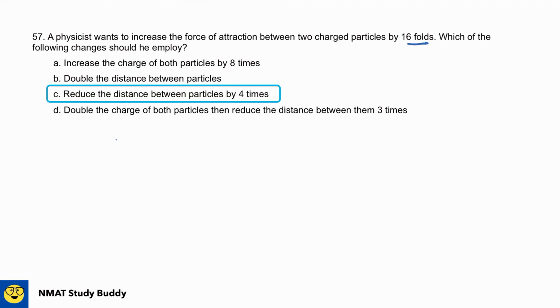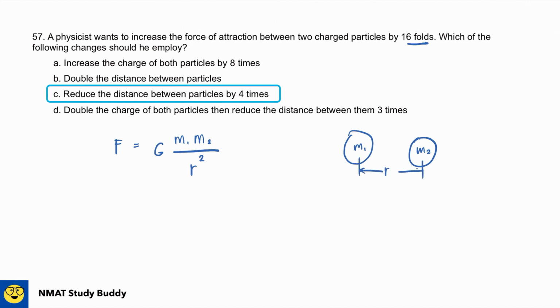So, what is the force of attraction first? The equation for that: the force of attraction is equal to the gravitational constant times the mass of object 1 times the mass of object 2 all over the distance between the centers of the masses, which is called R, R squared. So, if you have mass 1 and mass 2, R is the distance between the centers of the masses.